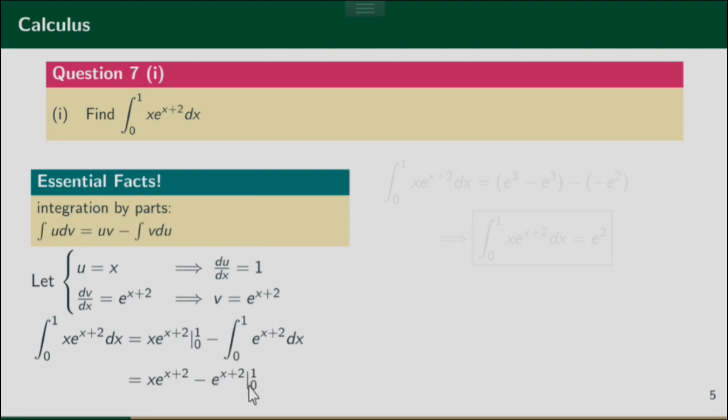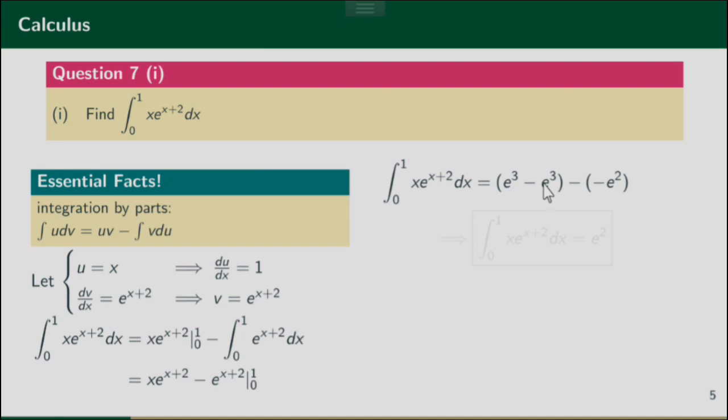So the common integration boundaries are from 0 to 1. So I plug in the upper limit, I evaluate, minus the lower limit, and I evaluate. So if I plug in 1 everywhere I see x, I'll have 1 here, and 1 plus 2 is 3. So I have e cubed minus, I plug in 1 in this second function. So 1 plus 2 is 3.